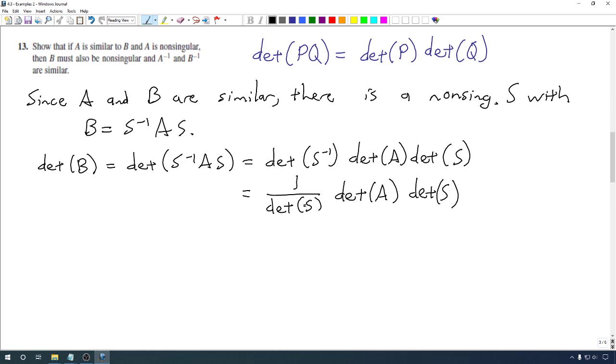Now, these are just real numbers. We can't rearrange our matrices, we can't put the S inverse after the A. But we can move the 1 over the determinant of S to after the determinant of A. We're just working with numbers here. So we have 1 over the determinant of S, and we also have a determinant of S. If those are multiplied to each other, we get 1. So what do we end up with? We just have 1 times the determinant of A.